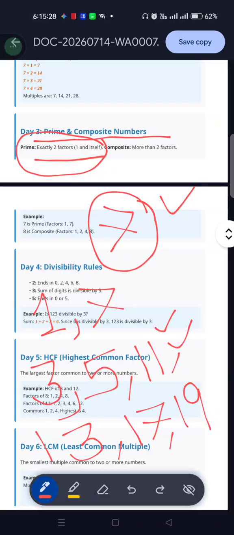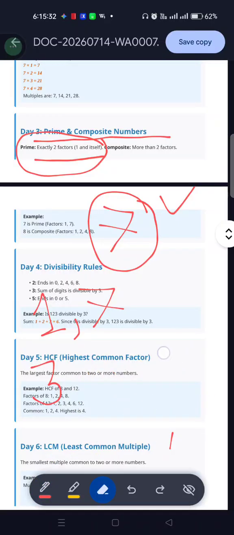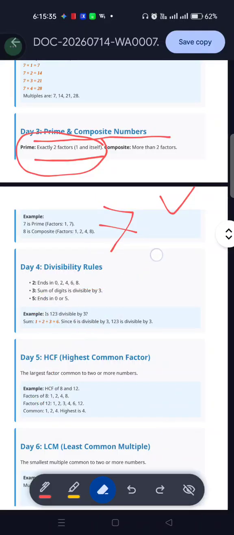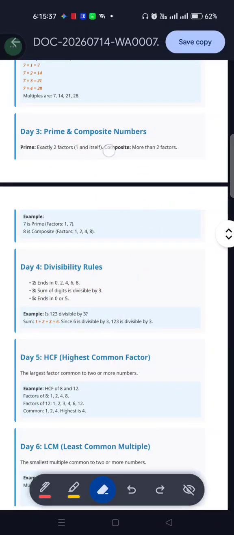Okay, now move on to composite numbers. Composite numbers are the numbers which have more than two factors. Okay, so now we are taking one example of a composite number. What is a composite number?